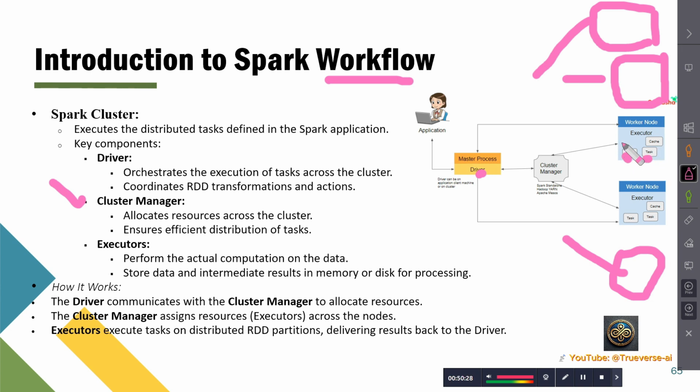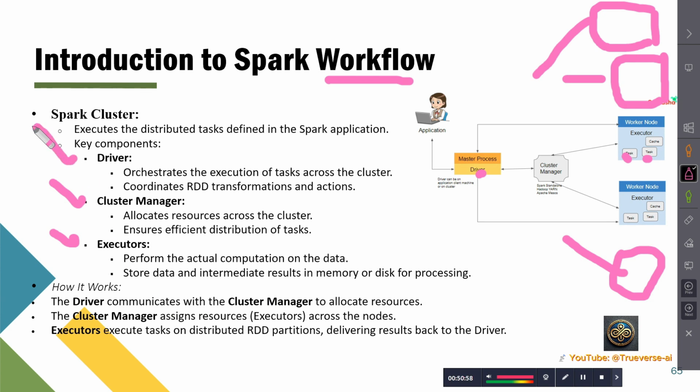Can you see? Tasks are managed in each cluster. The executor is here. It performs our actual computation on data, because data is distributed and analysis is distributed, and it stores data and intermediate results in memory and or disk for processing.